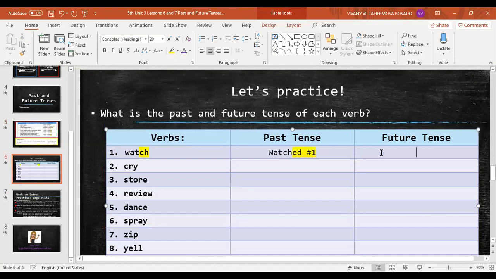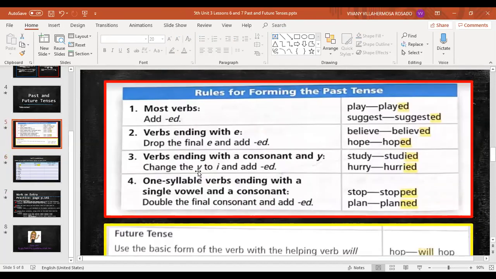So this would be rule number 1. And then the future tense, we said that we were going to add the helping verb will, and then watch is kept in its base form. Okay. So then we go to verb number 2. And then we immediately see that it ends with a Y. And we have a rule that talks about that, right?